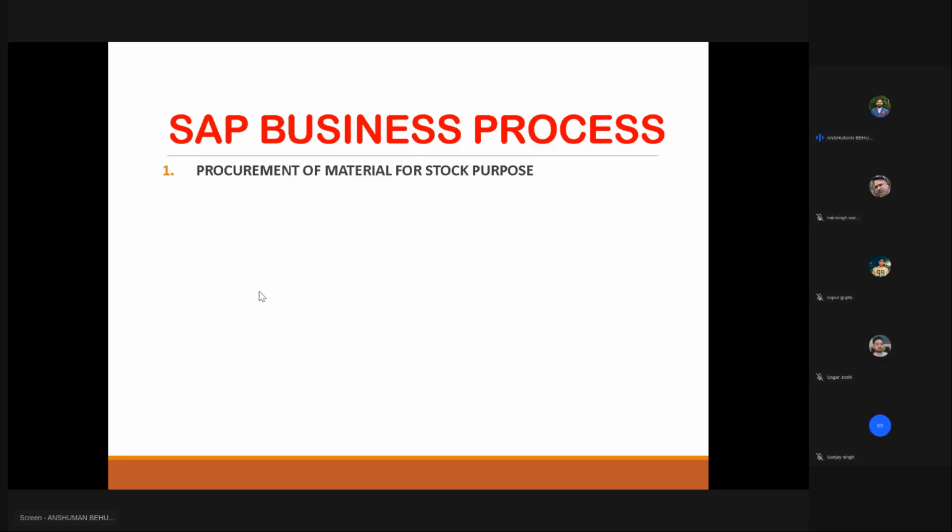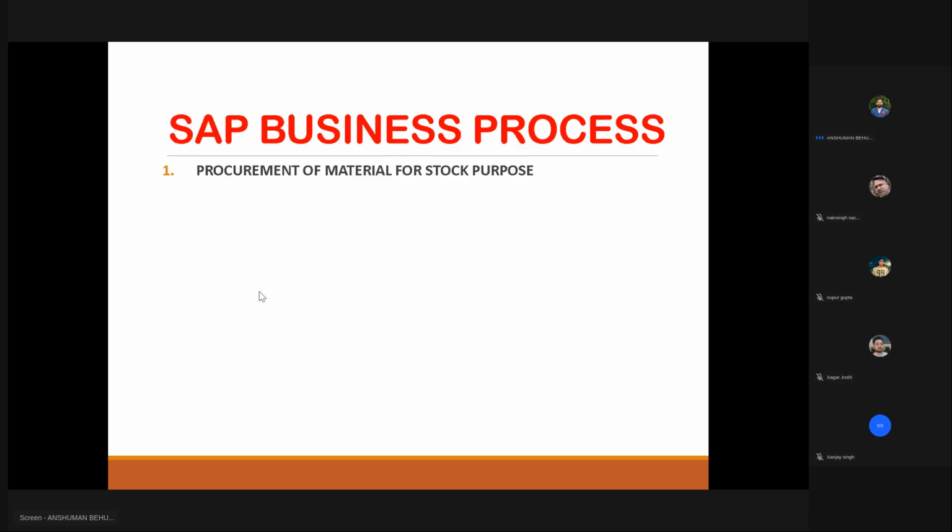We purchase these materials for storing purposes. Storing means whenever it is required we can issue it from our warehouse, from our storage location. It is not that we order the product only when we require it; we store this product.